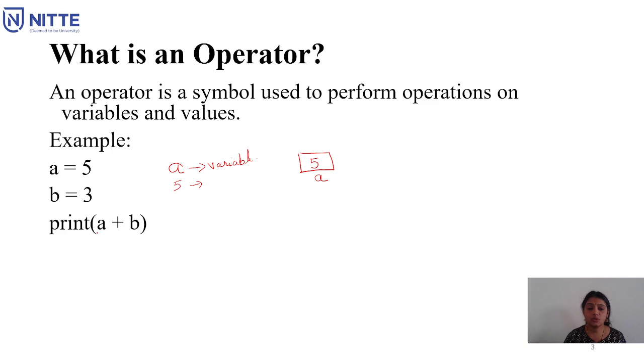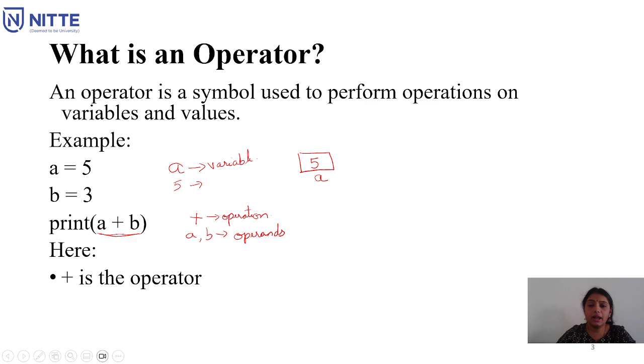Meanwhile, as you can see in the statement A plus B, the plus becomes the operation where you will be performing the addition operation, and A and B will be the variables, which are called operands. You can see here, plus is the operator and A and B are the operands.